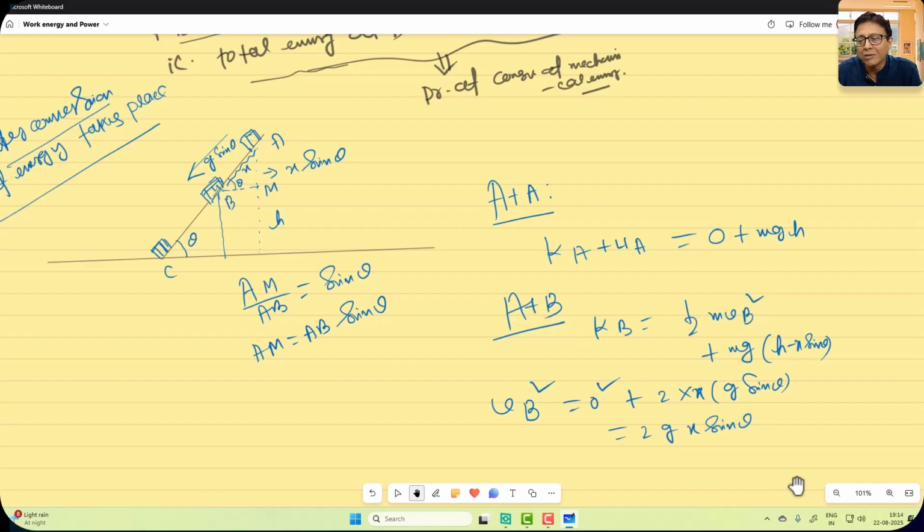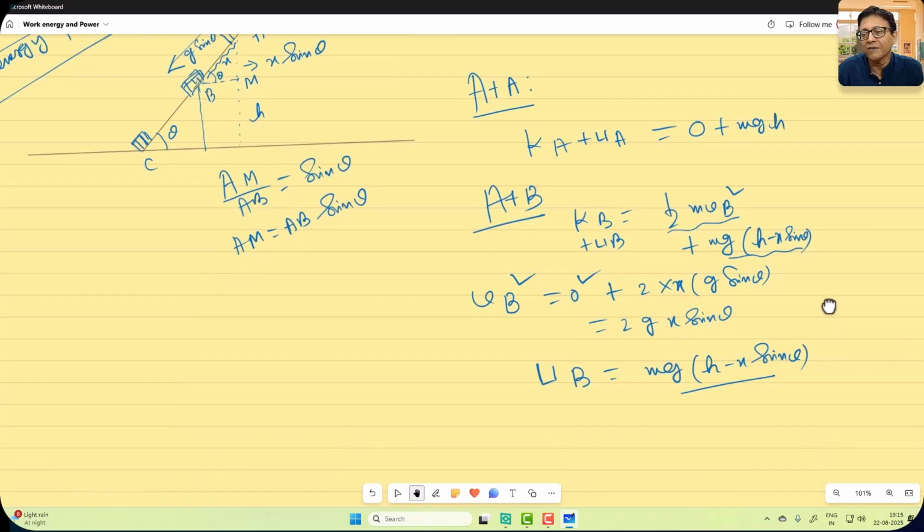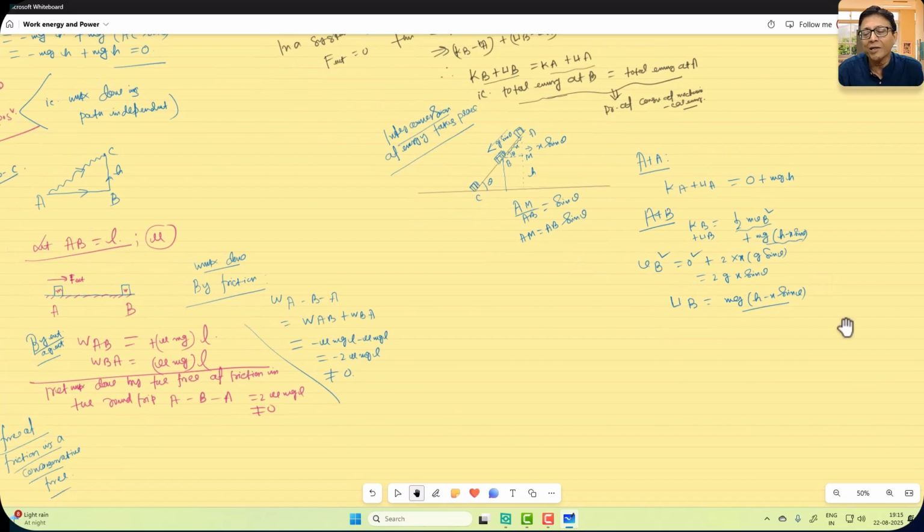v square is got. And potential energy is what? This thing. So you find Ub. Ub is mg into (h minus x sin theta). Kinetic energy is half m v square, and this part is potential energy, Ub. So you just find the value of Kb plus Ub now.